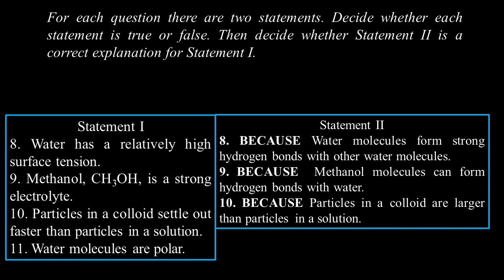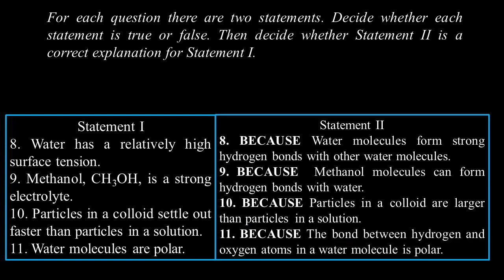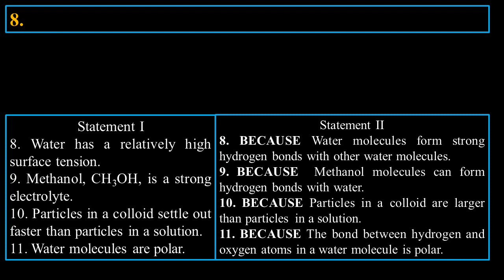And then the last one, water molecules are polar, and that is because the bond between hydrogen and oxygen atoms in water molecules is polar. It has more to do with the geometry, but fair enough.